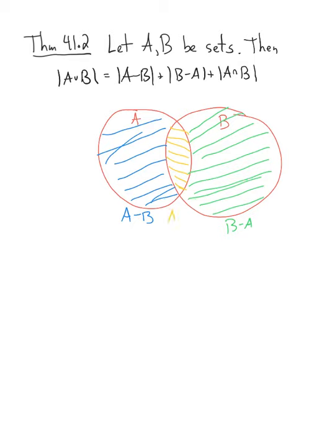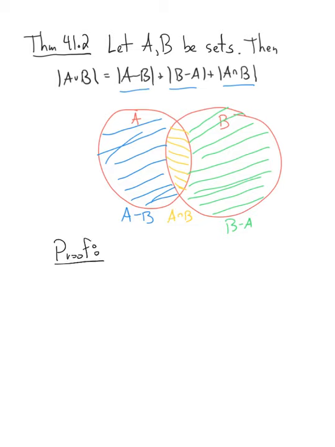In both sets, this is A intersection B. So it's kind of clear just from the Venn diagram that A union B has these disjoint parts. So, if we can show that all three of these sets are pairwise disjoint, then we're good to go. And it's basically by definition. So the proof.